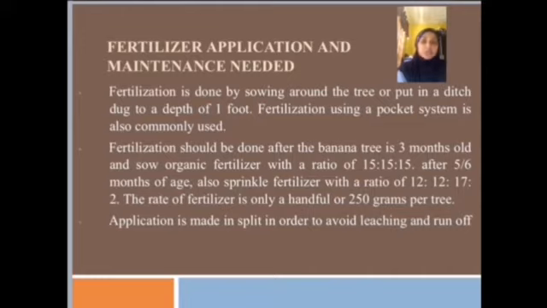Also sprinkle fertilizer with a ratio of 12-70-2. The rate of fertilizer is only a handful or 20 to 50 grams per tree. Number 3, application is made in split in order to avoid leaching and runoff.